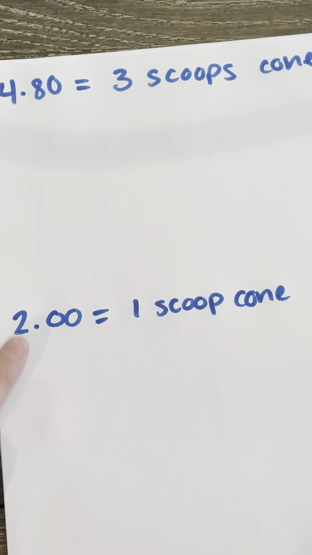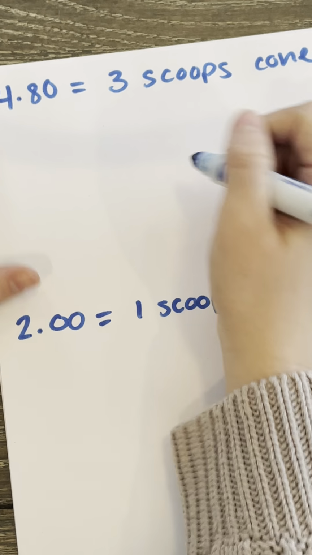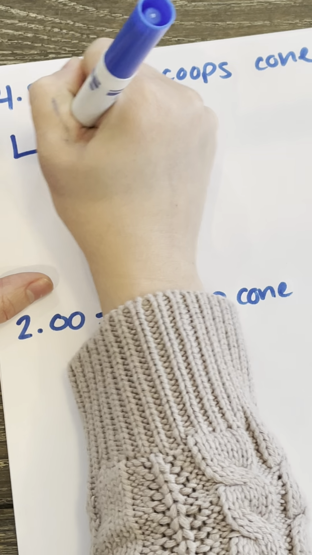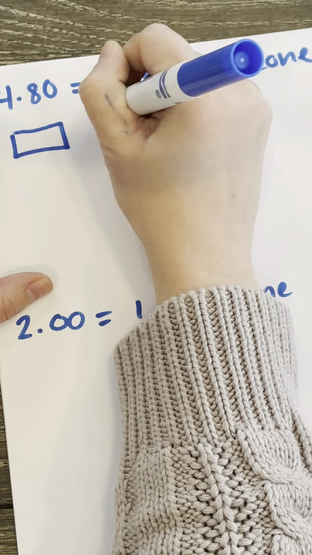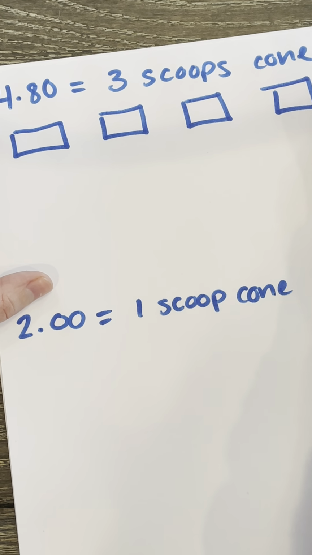Okay, so I know that this costs $2, but now I've got to think, how can I split $4.80 into 3 scoops? So if I started and had my $4, so 1, 2, 3, 4, okay, and then I have 80 cents, so I've got 8 dimes, okay?